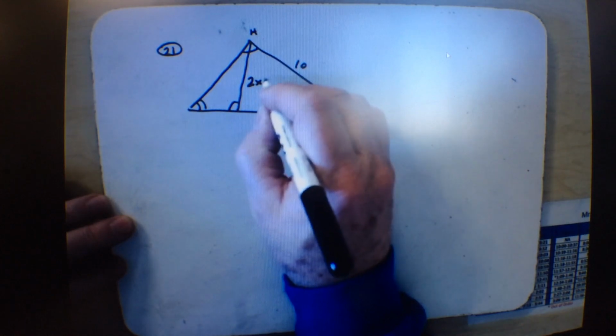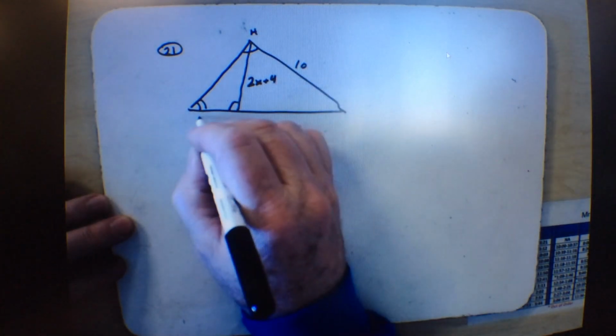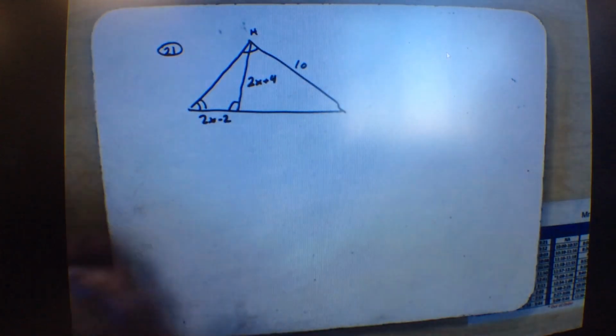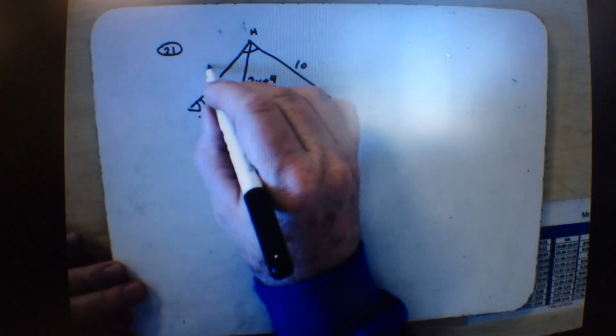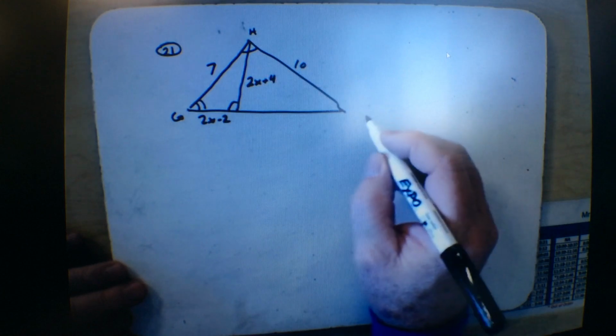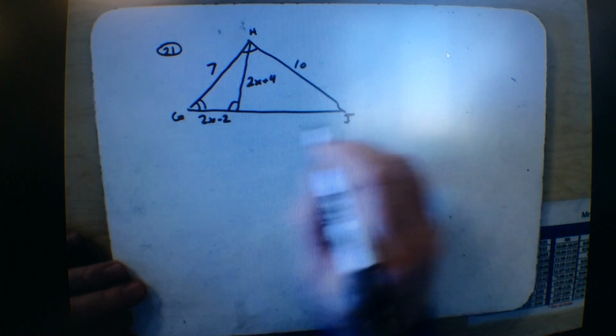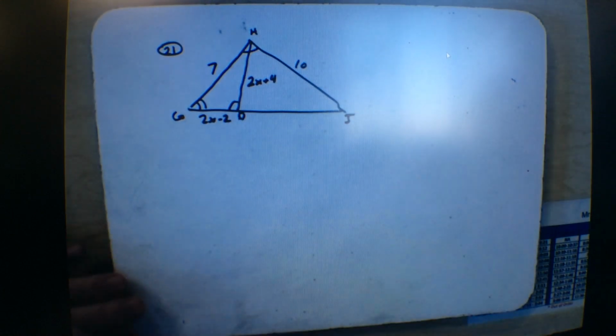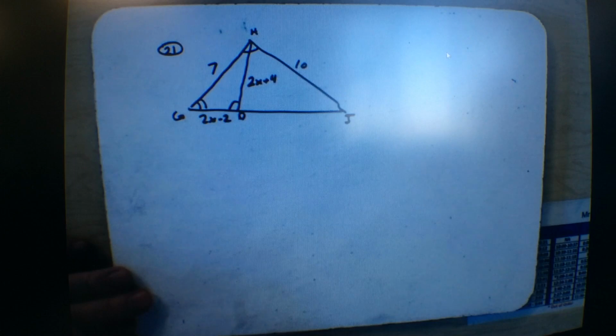We have 2x plus 4 and 2x minus 2. This is 7, and this is G, and this is J. This point here is D. I think I have everything, and it says identify similar triangles, then find each measure.